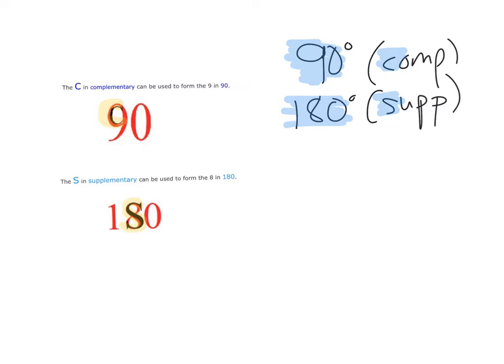Either way, some of you are just going to memorize and you'll know that 90 is complementary and 180 is supplementary. But I always try to find ways to help you remember them. So whichever thing helps you remember it, then use that.